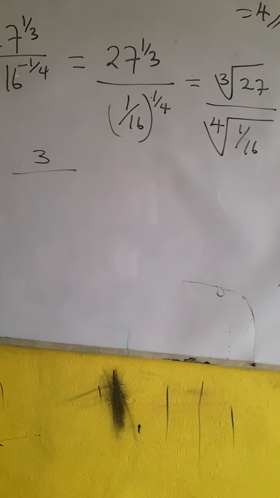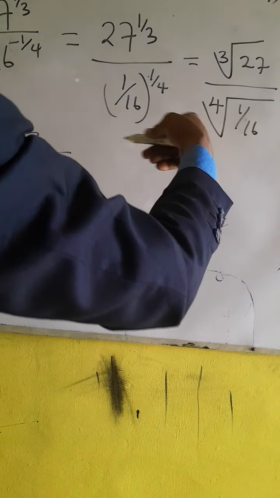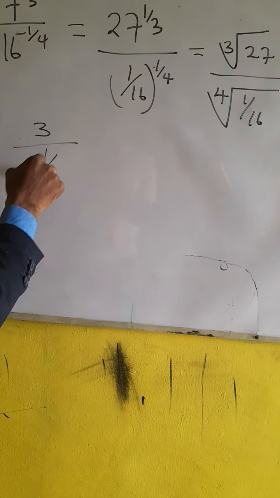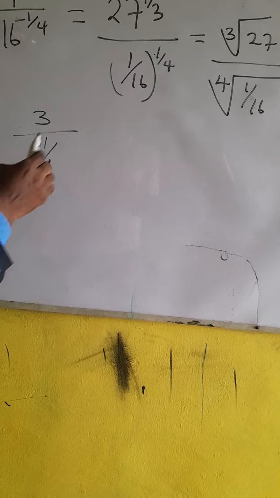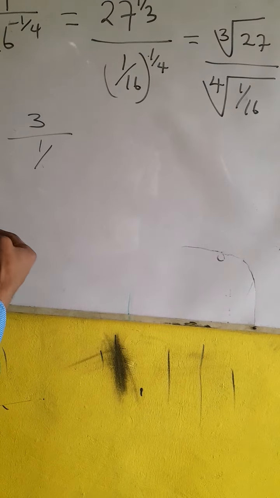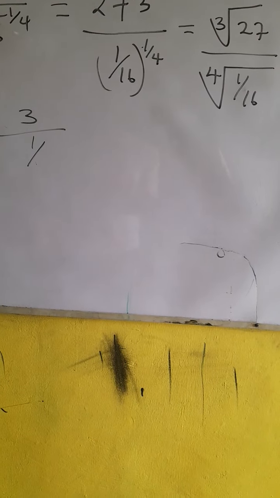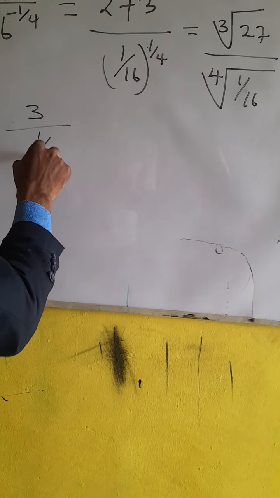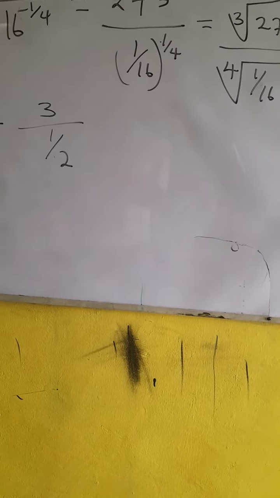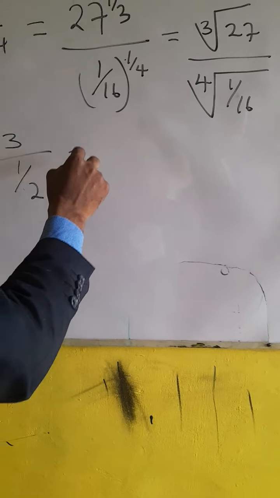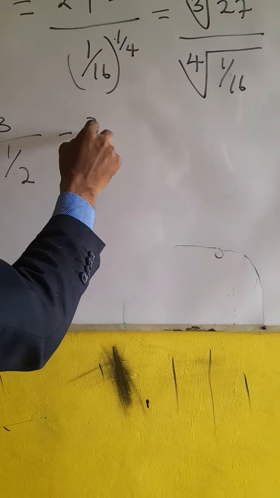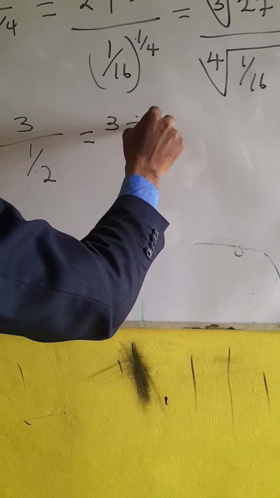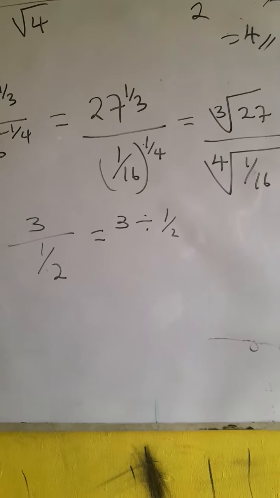And if we multiply 1 four times, it will still give us 1. Now, the 16, the number we can multiply 4 times to give us 16 is 2. We're going to have it to be 2 here. So, we can proceed to write it as 3 divided by 1 over 2.